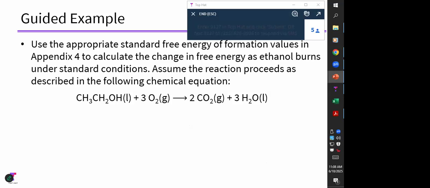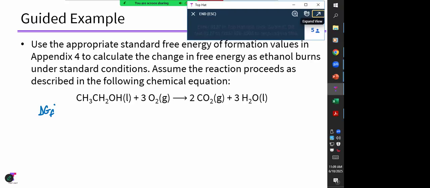So let's go through and do an example of these kinds of calculations using the free energy of formation values.